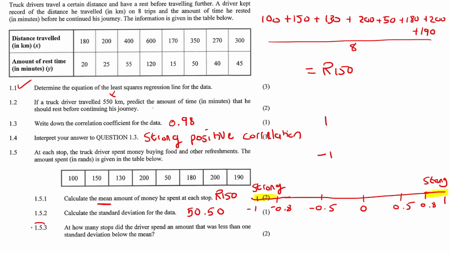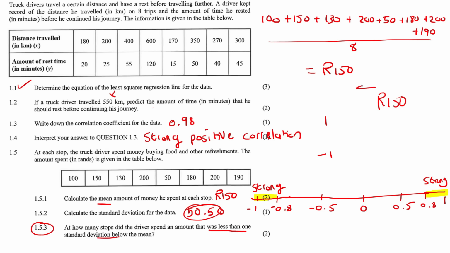This one says, at how many stops did the driver spend an amount that was less than 1 standard deviation below the mean? Okay, so the mean is 150. The standard deviation is 50.50. So they want to know if you go 1 standard deviation less than the mean.